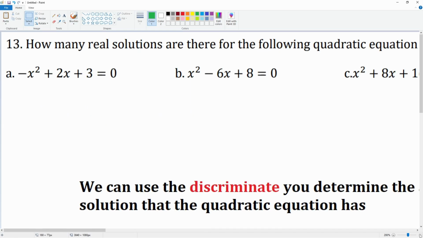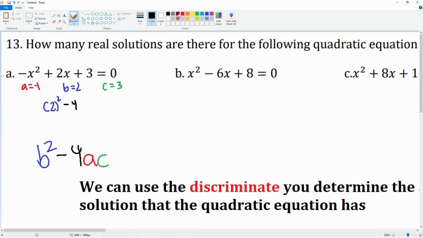Let's do each part individually here. Let's label: a equals -1, b is equal to 2, and c is equal to 3. We plug this in: 2 squared minus 4 times -1 times 3 to see what the discriminant is.